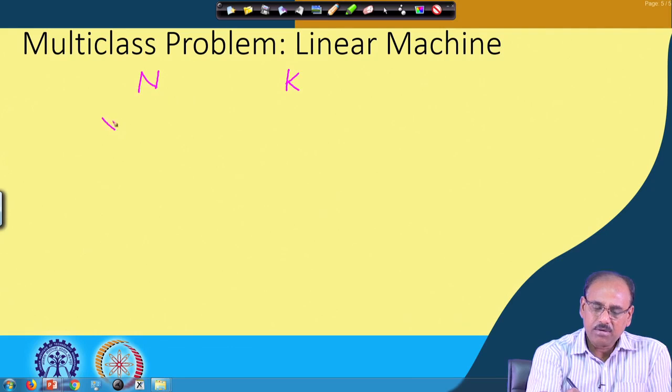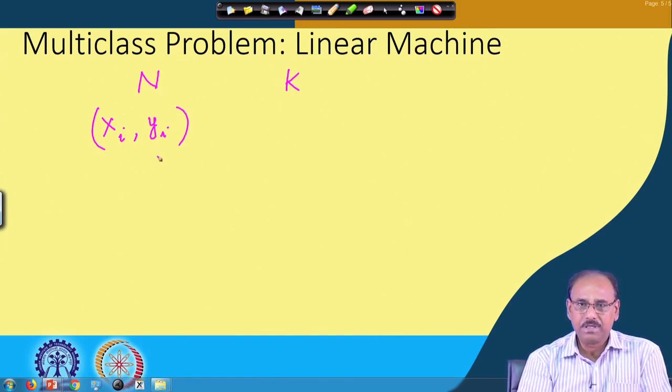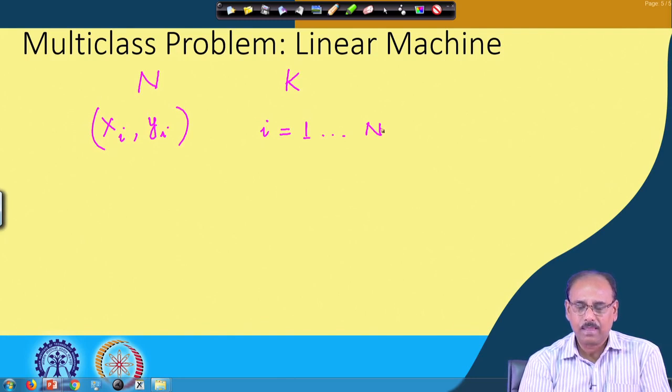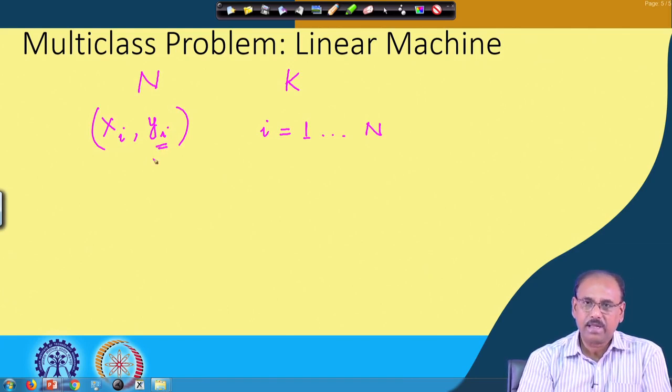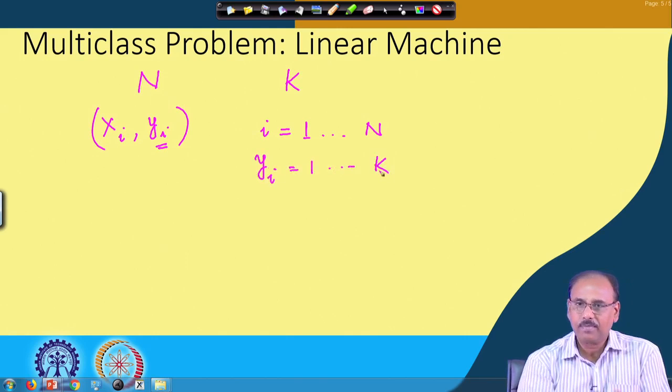A training vector is given in the form (xi, yi), where i varies from 1 to n, as there are n feature vectors given for training. And there are k categories, and yi is an index to the category. So, yi will vary from 1 to k.